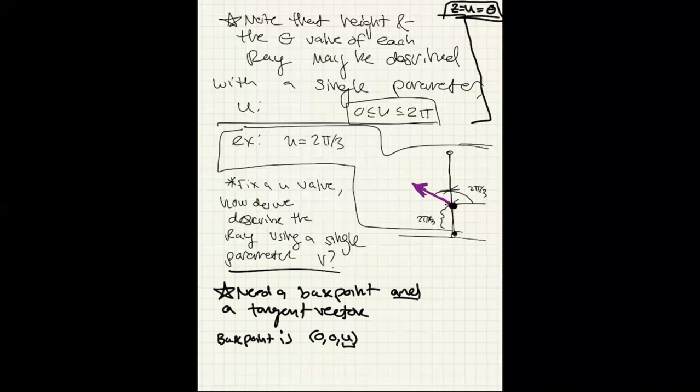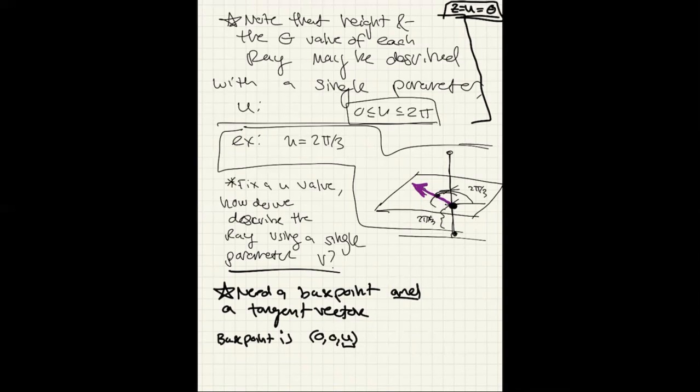We've got a base point, we need a tangent vector. A tangent vector is going to be sitting in that horizontal z equals u plane. To describe it, I just need the displacement vector.